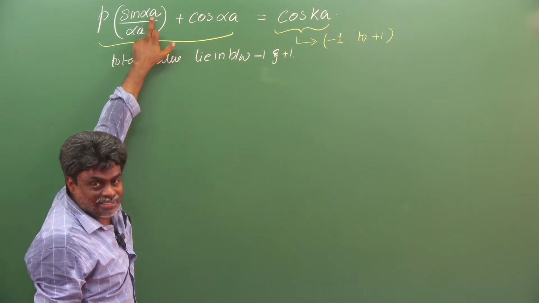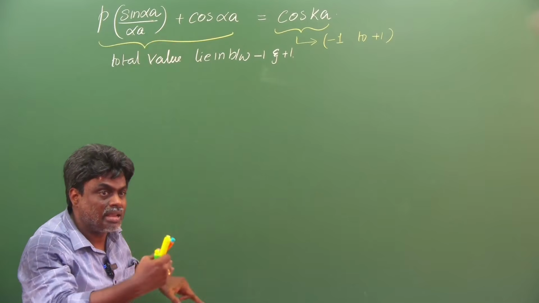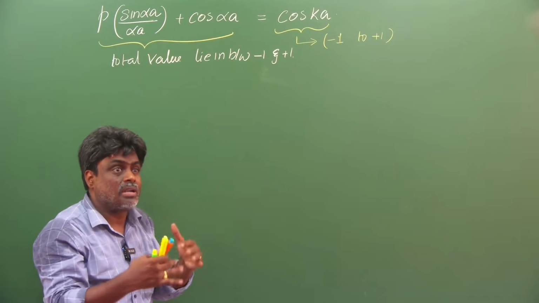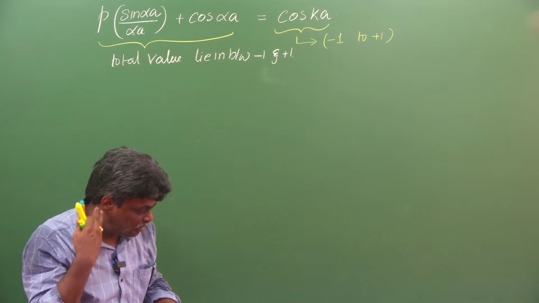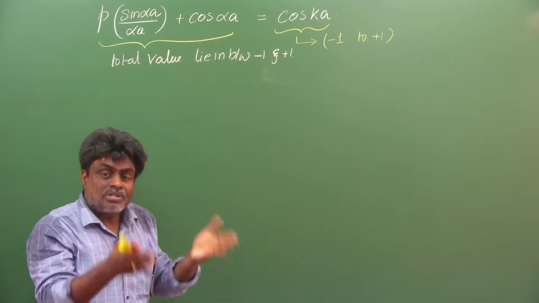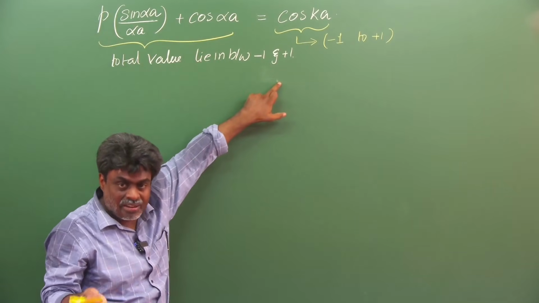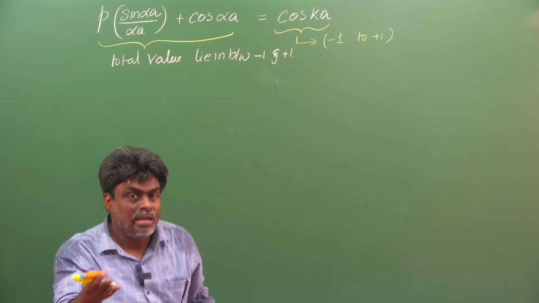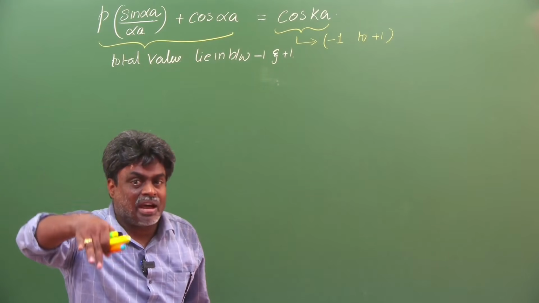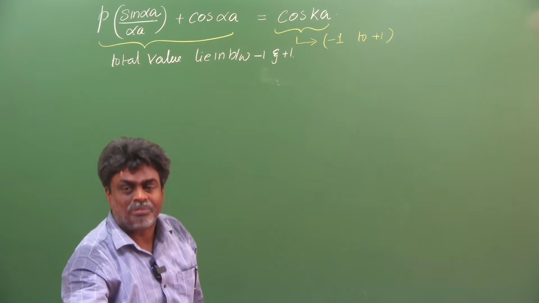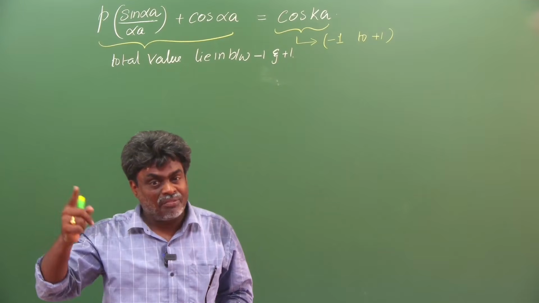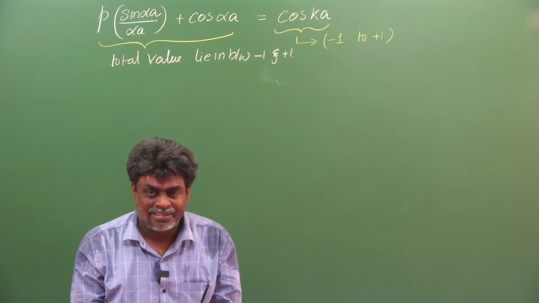So it indicates that your input, you are giving values of alpha A. Whatever alpha A you are giving, only those values of alpha A are allowed for which this entire value lies in between, and the remaining alpha A values are forbidden.